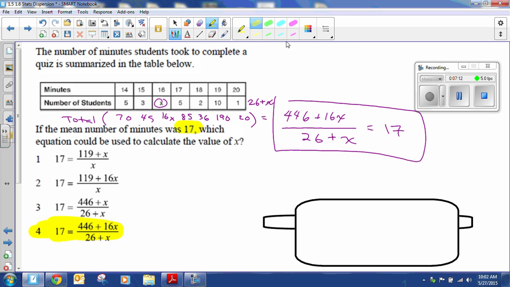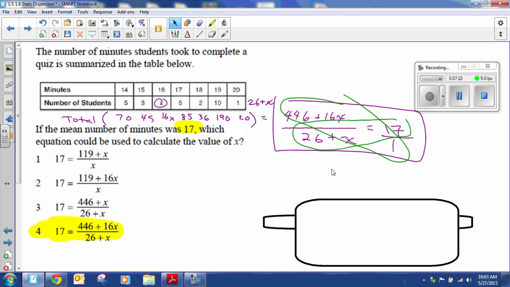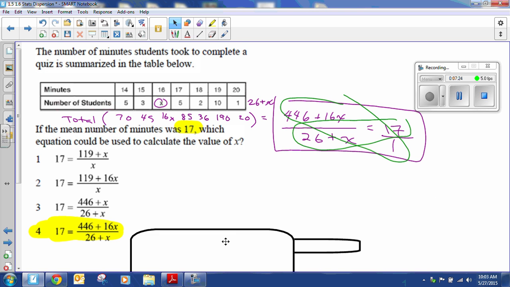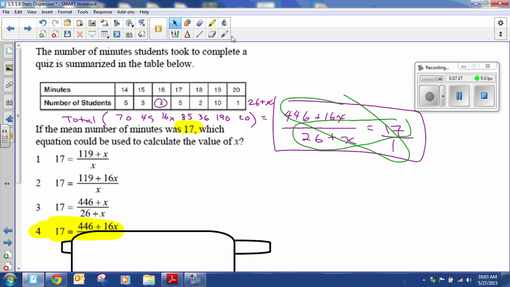Now, let's take this one step further. Let's actually solve for x. If we cross multiply and build our equation, isolate x, we have 446 plus 16x equal to 17x plus 17 times 26 is 442.